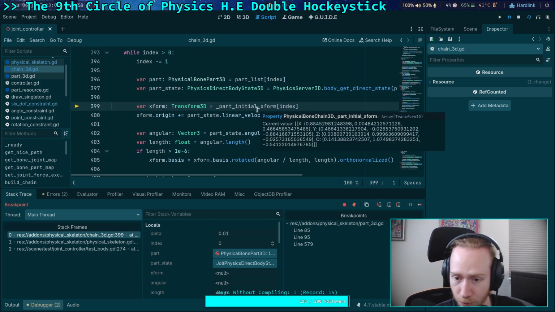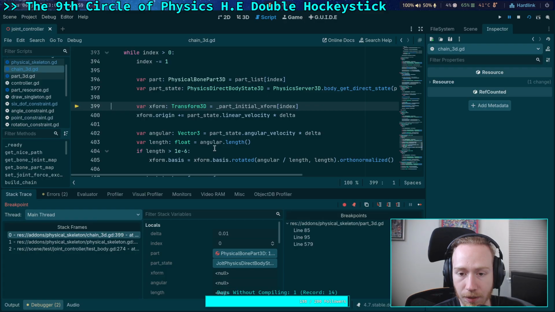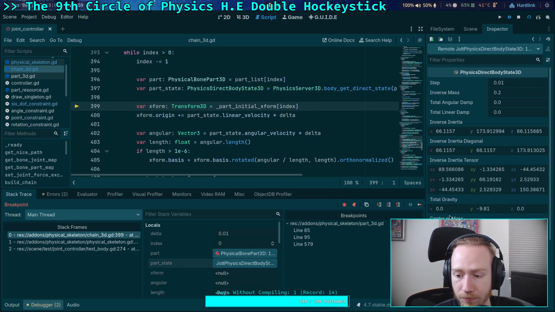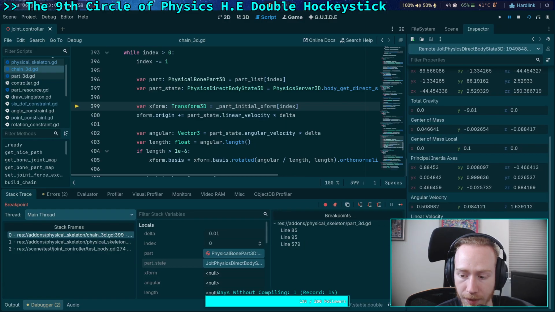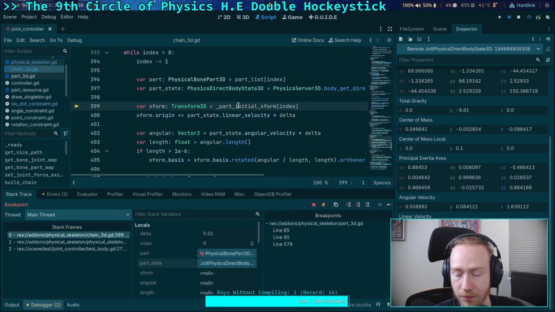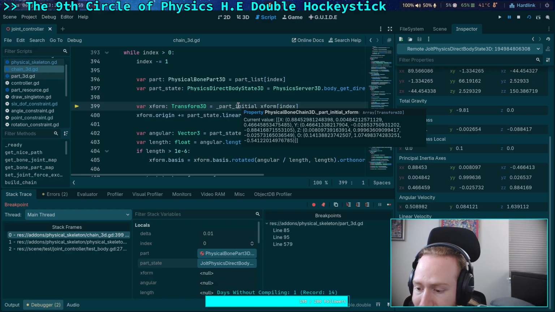So I load the part's initial transform, which right now should be the exact same. That should just be the exact same transform. So yeah, you know what?